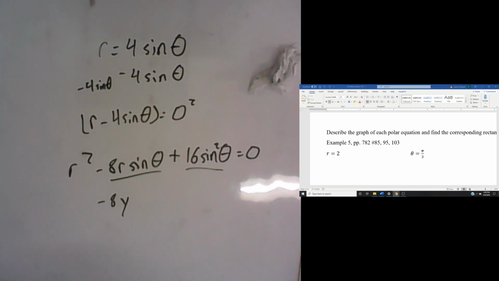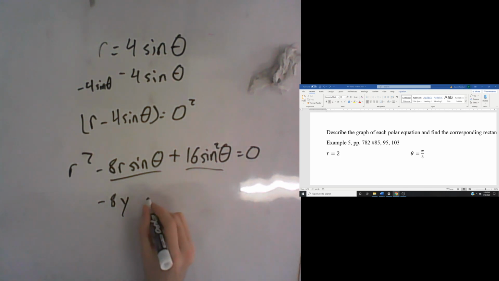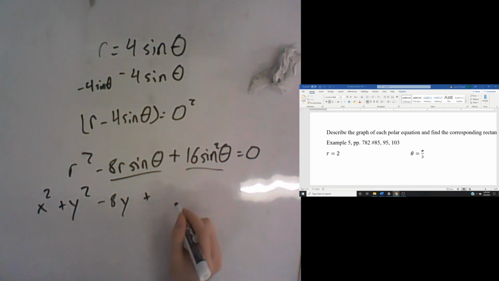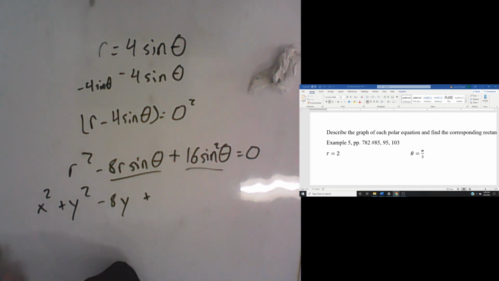So it just shifts it? So then this would just be x squared plus y squared minus 8y. Huh. What problem am I running into?